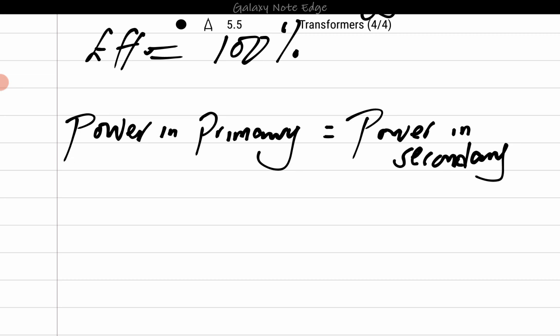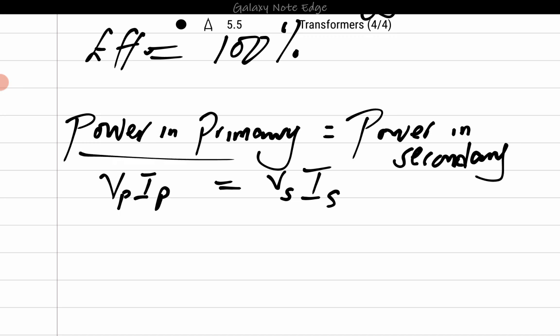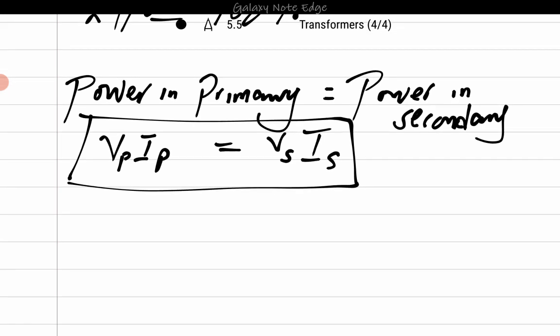So this means in an ideal transformer, voltage in the primary multiplied by current in the primary, remember voltage times current is power, must be equal to voltage in the secondary multiplied by current in the secondary. This is a very important equation when you are dealing with an ideal transformer.